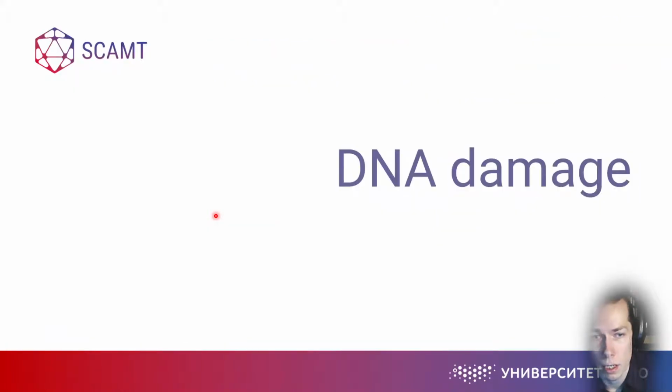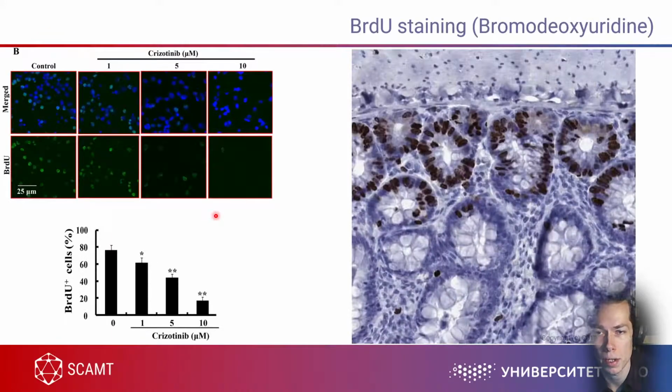But let's now proceed to DNA damage. We talked a lot about DNA damage, and now we need some instruments to assess this damage done using fluorescent dyes. I will already show you some examples of fluorescent staining of cells with damaged DNA, some additional examples.